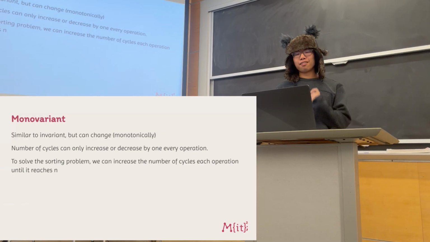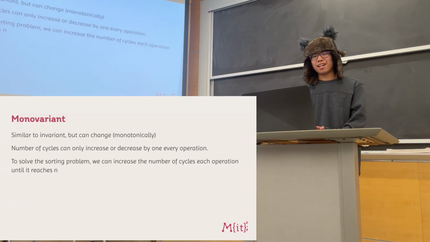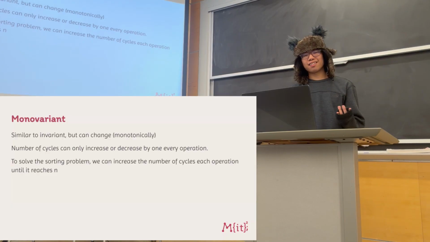So the minimum number of swaps we need is at least n minus the number of cycles we have, because every swap can only add one cycle. And this is known as a monovariant because we're monotonically increasing the number of cycles every swap.